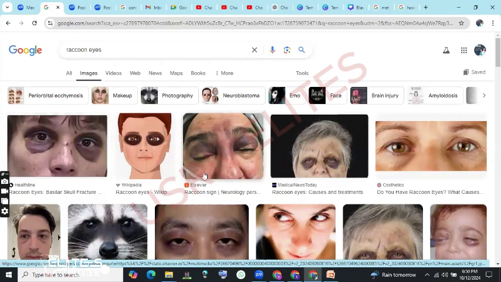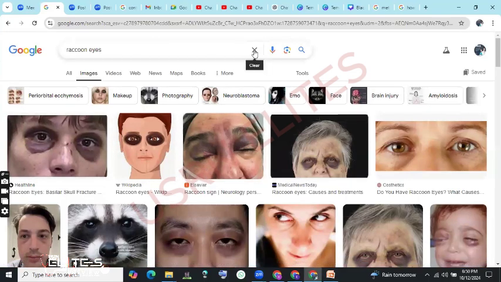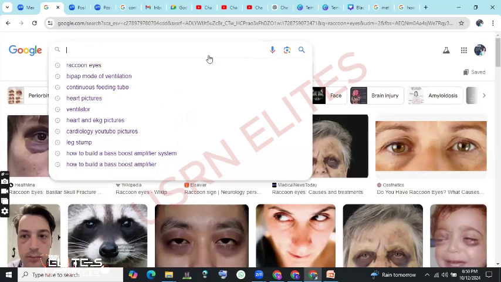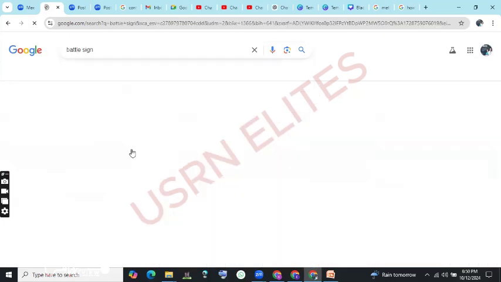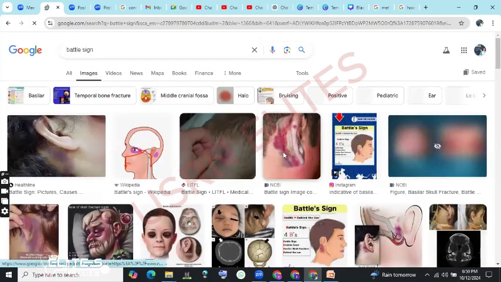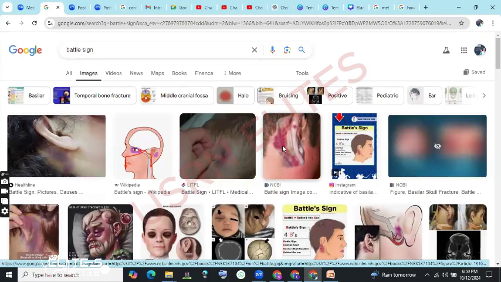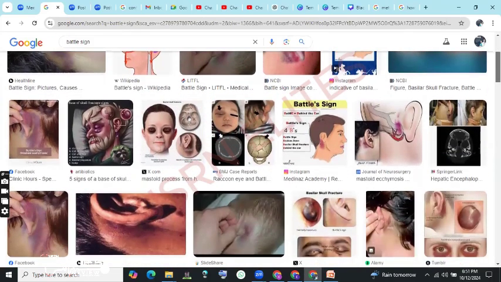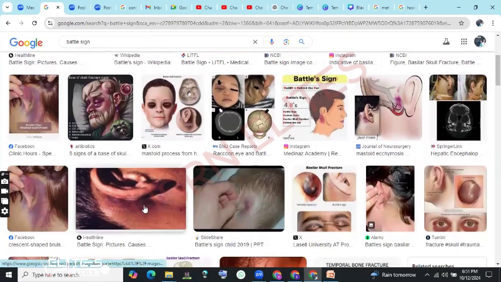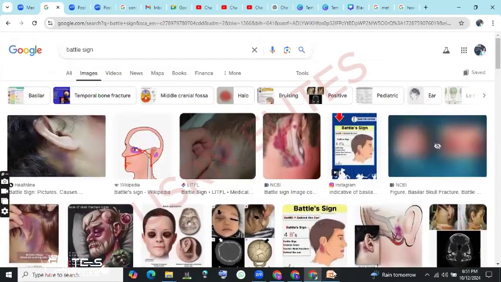So that is it. Now look at Battle sign. You see bruising just behind the ear. So this one too is Battle sign. That should also tell you that there could be a sign of what? Basal skull fracture.